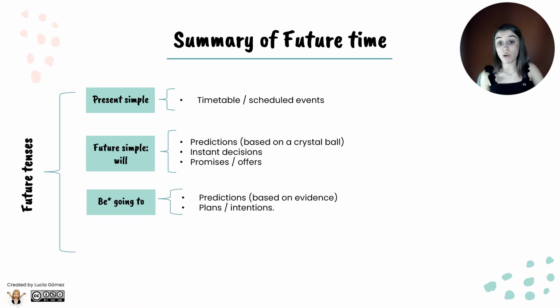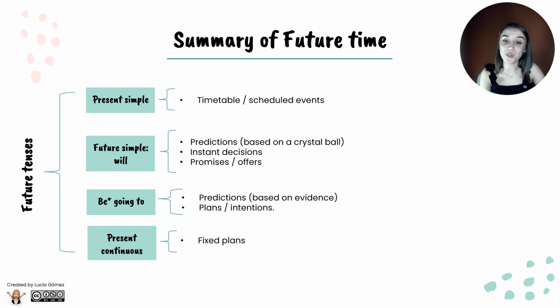Then be going to is used to talk about predictions, but now based on evidences. There's an evidence, so this prediction is much more reliable. And we are also going to use it to talk about plans or intentions. Yet, if these plans or intentions are extremely fixed, are going to happen, then we will use present continuous. That is the one we talk about, fixed plans or arrangements.